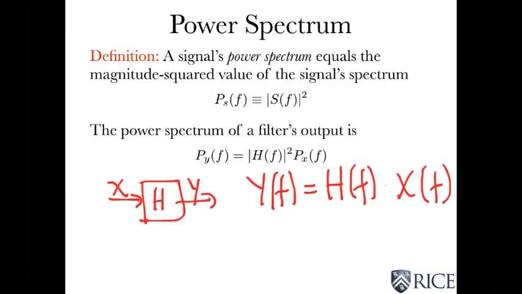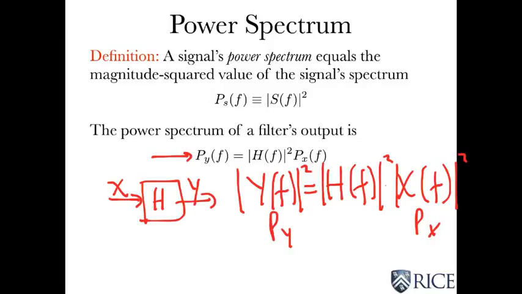Well, to find the power spectrum, we just need the magnitude squared. And the magnitude squared of a product is the product of the magnitude squareds. That's Py, that's Px, and we get that relationship. Pretty easy to see. Not very difficult to derive at all.